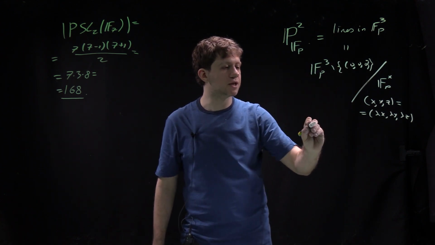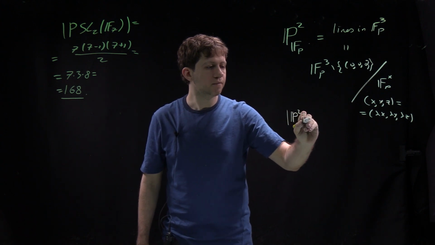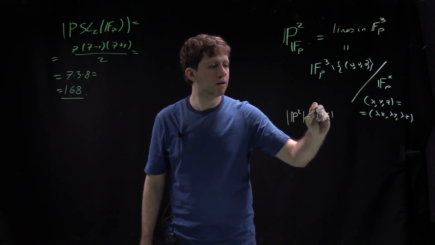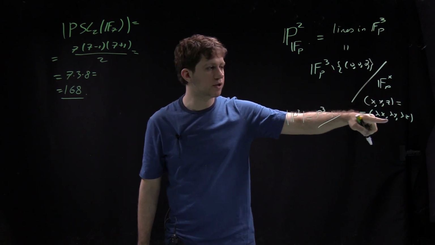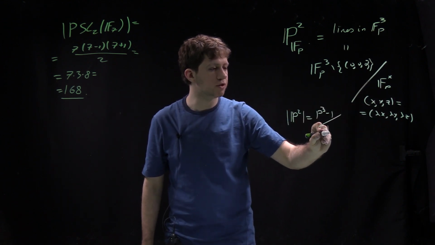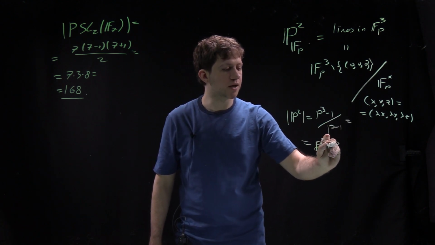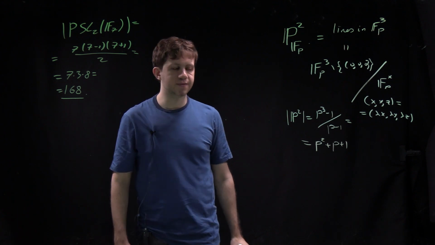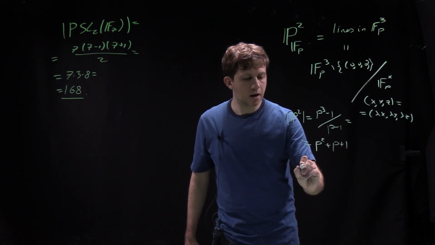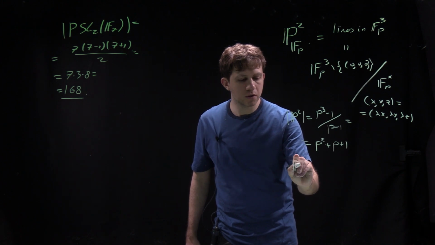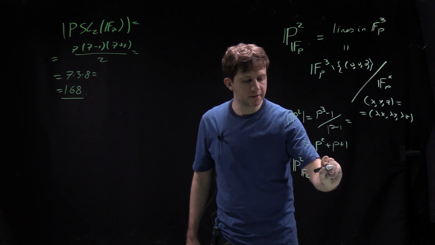The number of vectors is p cubed, so the size is p cubed minus 1. Every vector is inside an orbit with p minus 1 elements, so you divide by p minus 1 and you get p squared plus p plus 1 elements. So let's look at the simplest example, P2 over F2. It has 7 elements.